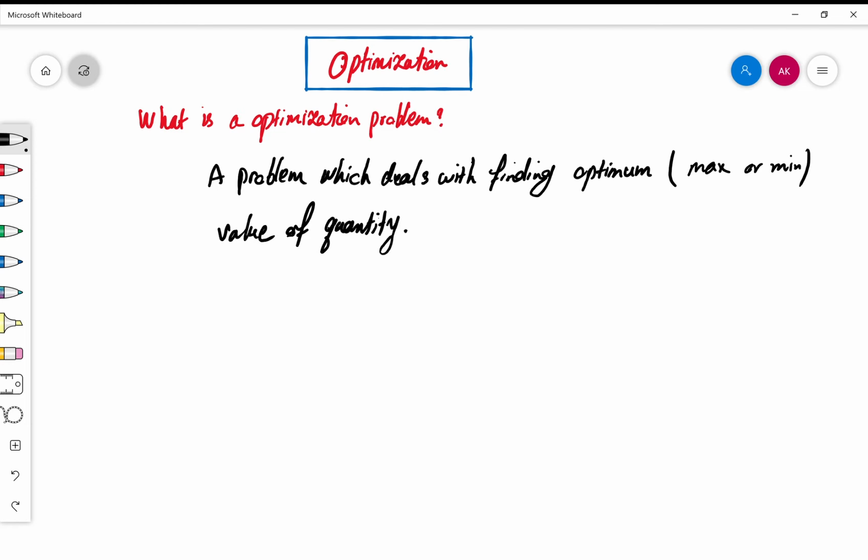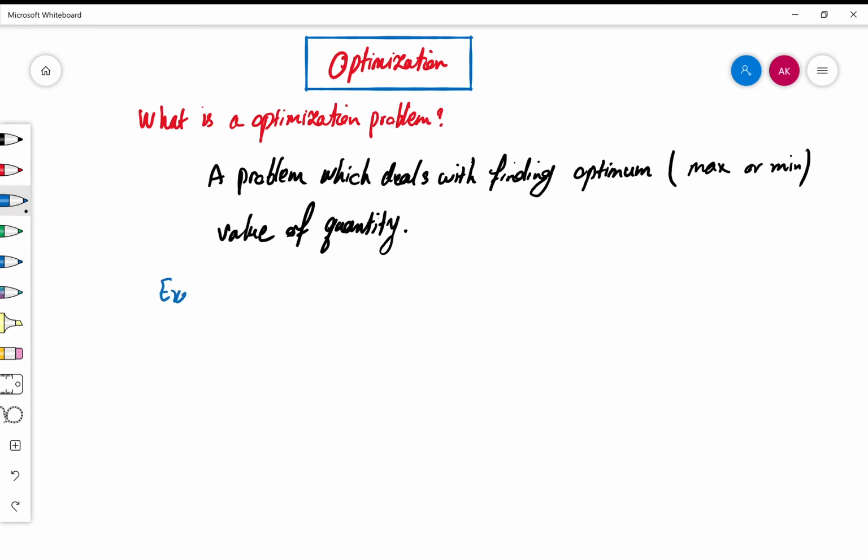When it comes to optimization problems, specifically from section 3.4, we will deal with word problems. So you have to set up everything yourself. First find the function and then optimize it.